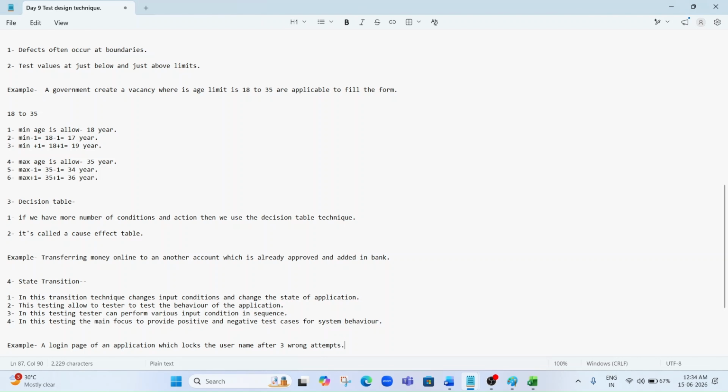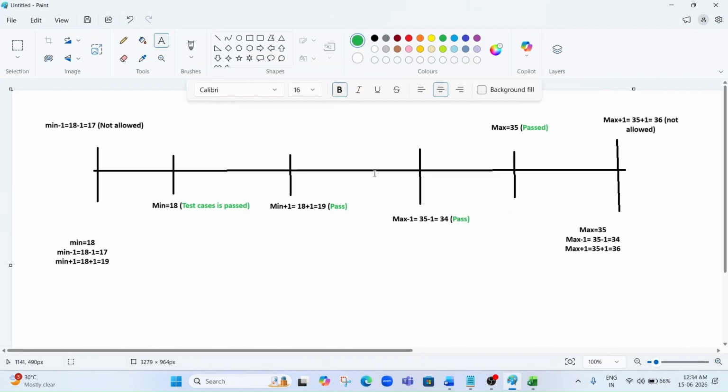Which means if a user on a login page tries to log in with invalid credentials three times, they will lock that account. You can take any account. For that, I have created an image, so you can easily understand this.